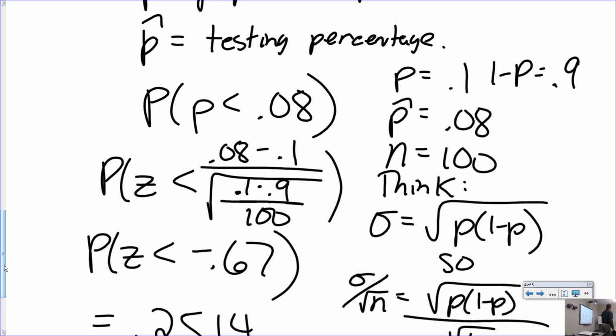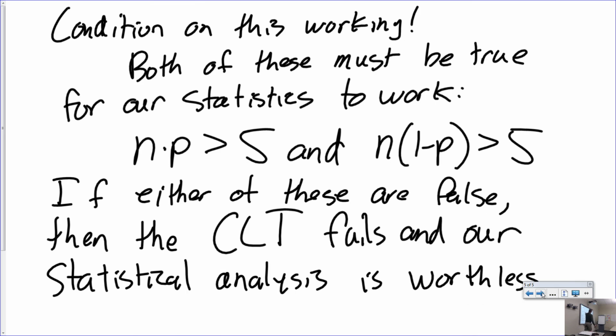I can't do any statistics on that sample. I need more students in order to have a good enough sample that my statistics will work. That's the whole central limit theorem: having enough of a sample such that you can guarantee true randomness. That's what this np equals 5 does for us. It guarantees that we have enough of a sample that we can actually test the statistic we're trying to do.